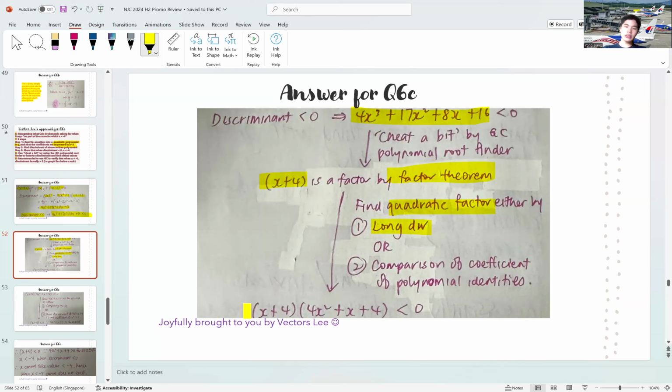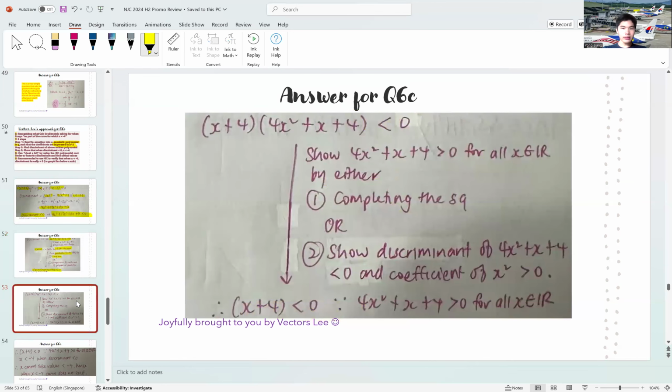Once you've successfully done all this, you'll conclude that this factorized form is less than 0. But ultimately, you are going to have to show that x is less than -4. So in a way, you are going to have to convince the marker that this quadratic factor is always more than 0 for all real values of x.